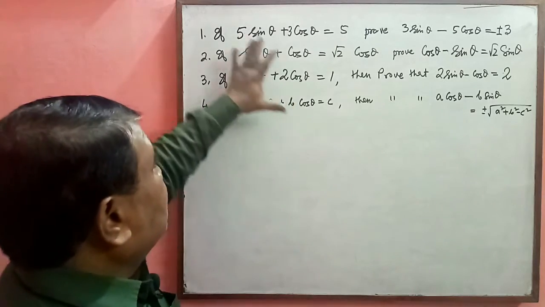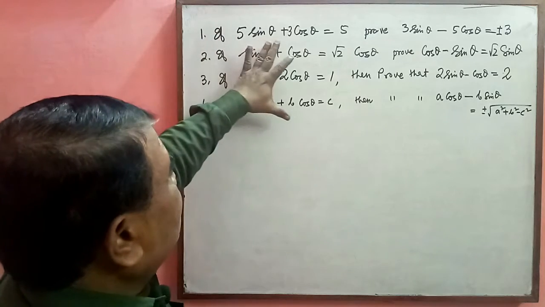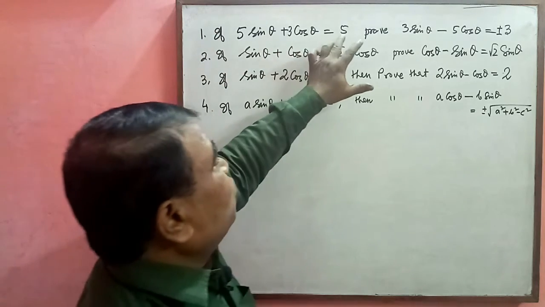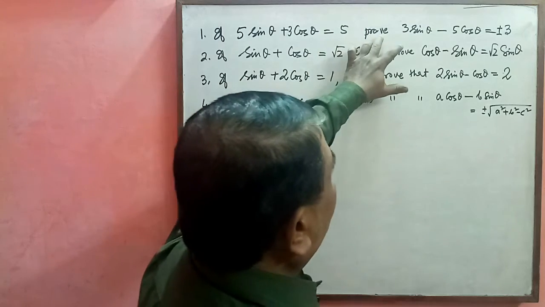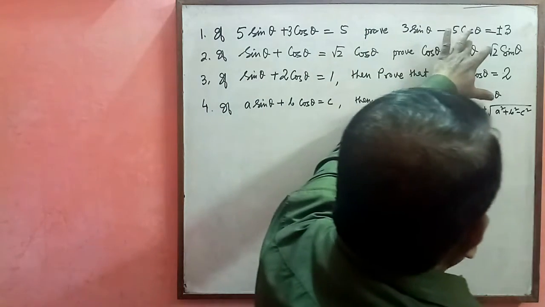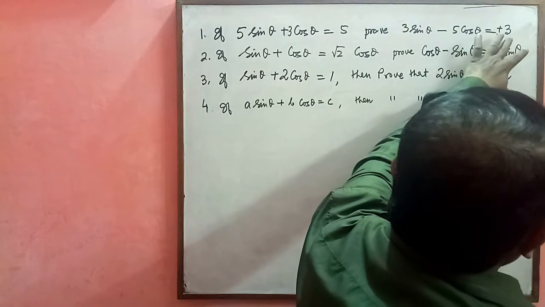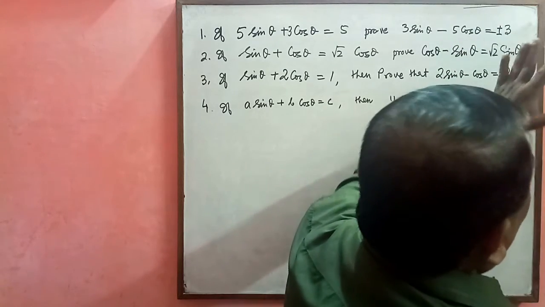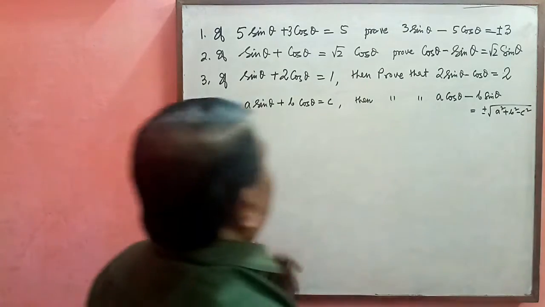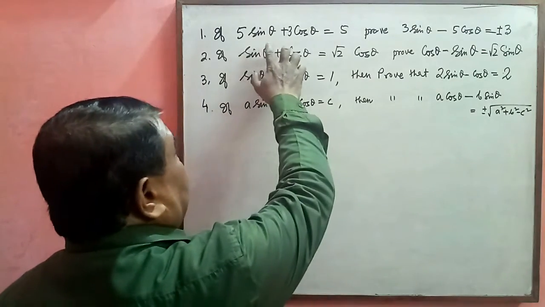Now these are the problems we will follow. 5 sin theta plus 3 cos theta is equal to 5. Prove that 3 sin theta minus 5 cos theta is equal to plus minus 3, or only plus 3 if I take the positive value.